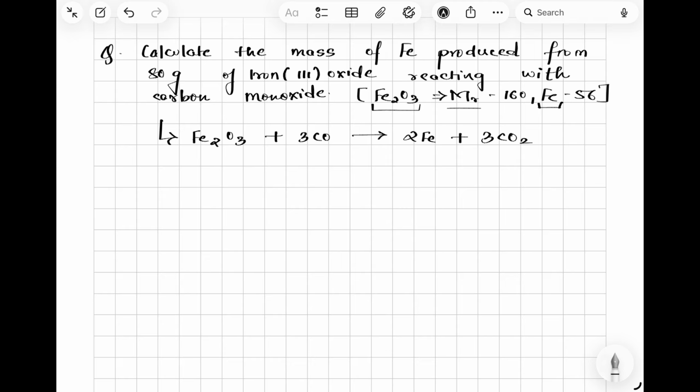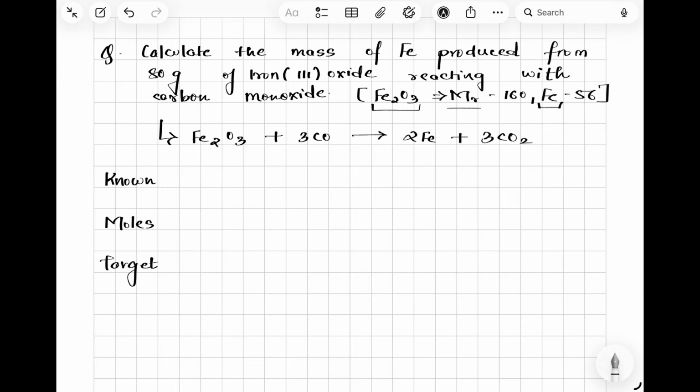Now, whenever you see such a stoichiometric question, we have to draw 3 rows under the balanced equation. First, what is known to us. Second, very important, the mole, and third, what the question has asked, which is the target.